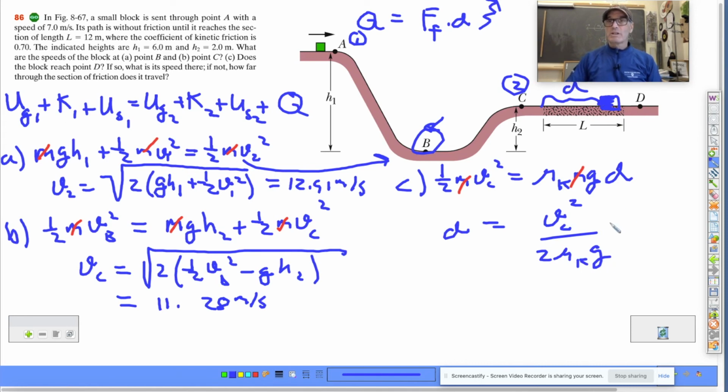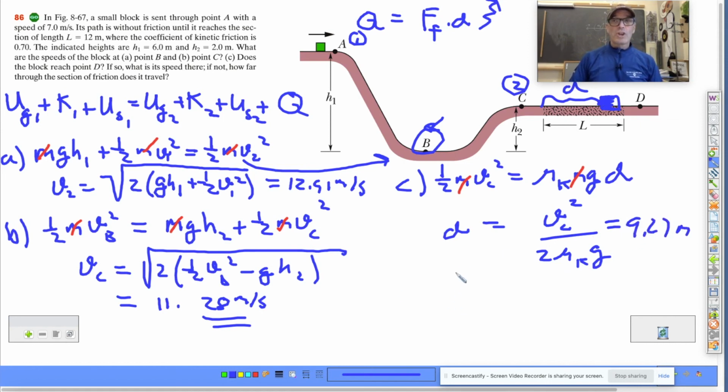Okay, so that's our solve for the distance, that it ended up somewhere. Not the total length, but I'm assuming that it was short of that. So let's check it out. If you plug all this stuff in, the velocity at C that you got right here, and then square that, divide by 2 mu g, you're going to get 9.27 meters.